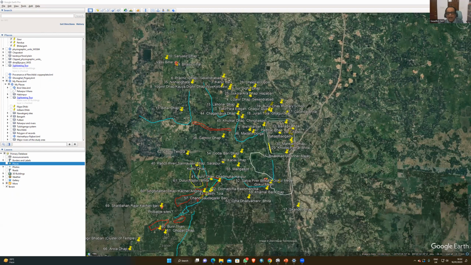After the first survey and publication by Professor Chandra Sen, Professor Sufi Mustafizur Rahman did his PhD on Mahasthan archaeology from Deccan College, and he surveyed this region.